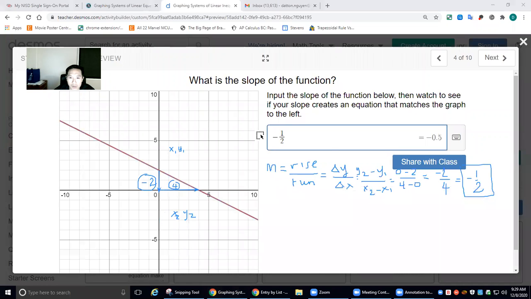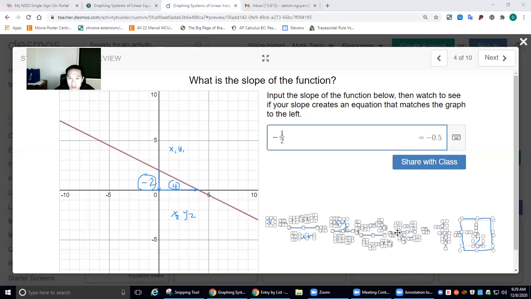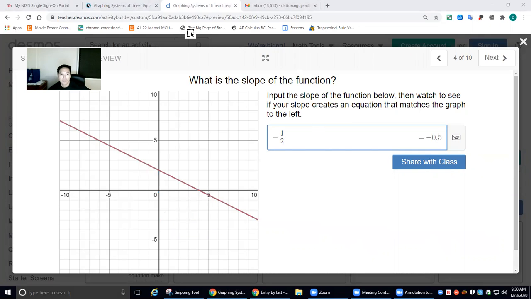It actually drew for me the slope of that graph of the function. And it's correct. Okay, I'm going to go ahead and clear the drawings and move on. So that's what we have.